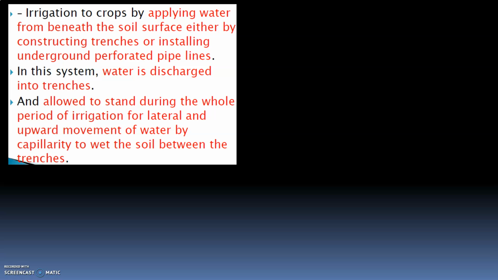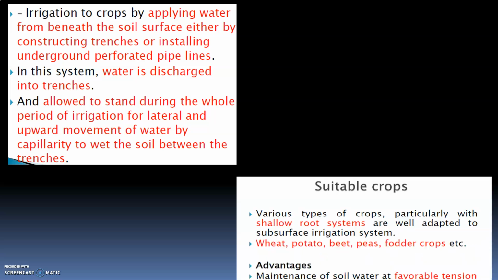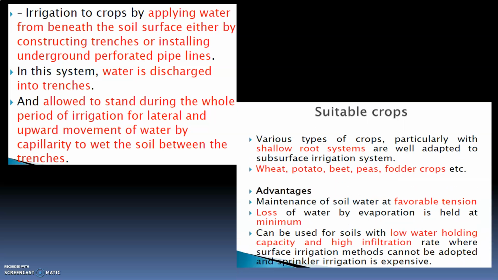And in this system, water is discharged into trenches and allowed to stand during the whole period of irrigation for lateral and upward movement of water by capillary action to wet the soil between the trenches. This is more suitable for crops, particularly with shallow root systems like wheat, potato, beet, peas and fodder crops, etc.